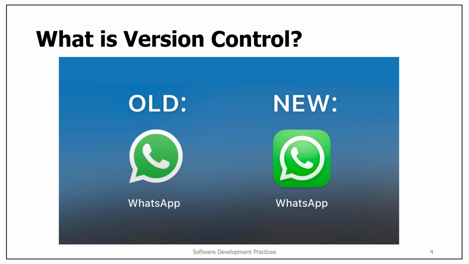Let us consider that we are using WhatsApp. Some days or a few months back, you could see the old version of WhatsApp. I have provided the old version of the WhatsApp logo on the screen, and the new version as well.